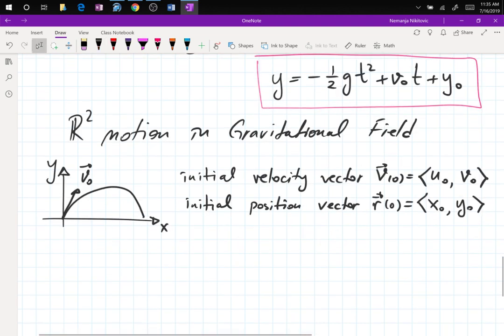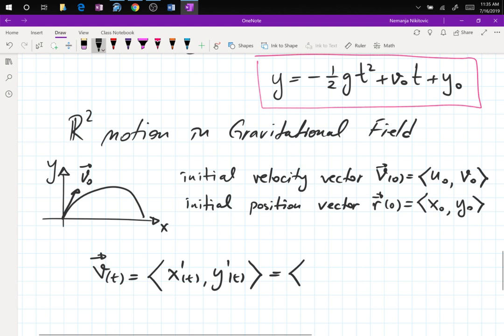So we come up with this formula where velocity in terms of time is given as a vector-valued function of x prime of t, y prime of t. We had this earlier, same thing. Now we're just going to put in the gravitational equation that we figured out up there. So u0, and we have negative gt plus v0.